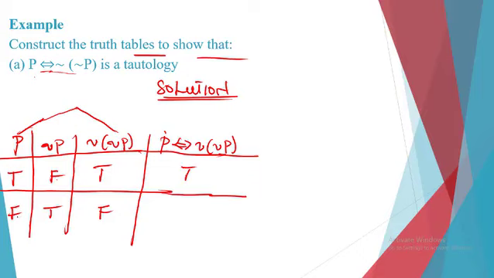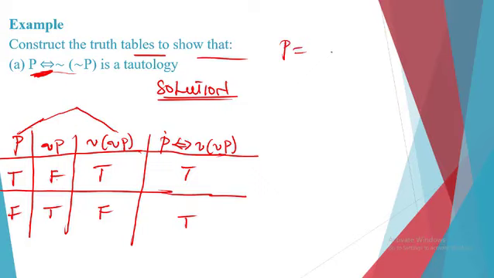Then when we have F, our answer also is T.